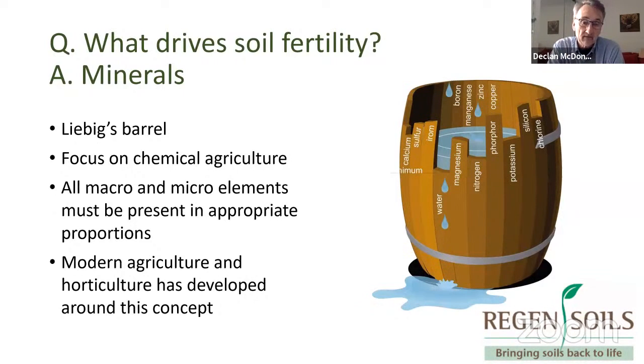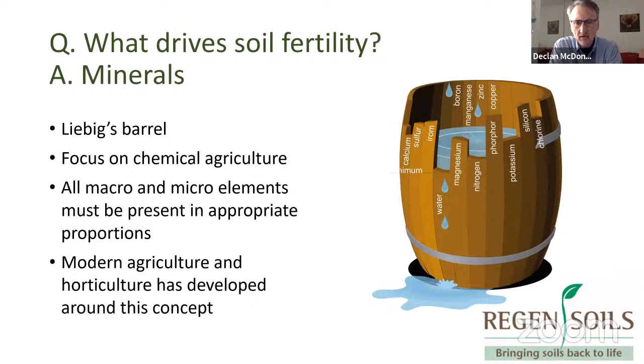So as you can see here, the barrel is a really good illustration of that. In this instance, water is the limiting factor. But if nitrogen was the lowest stave, it doesn't really matter how high phosphorus or magnesium or calcium or anything else is, the whole production system is going to be limited by that limiting factor. And so the theory is that all macro and micro elements must be present in appropriate proportions for plant growth to be optimized. And modern agriculture and horticulture has really developed strongly around this concept.